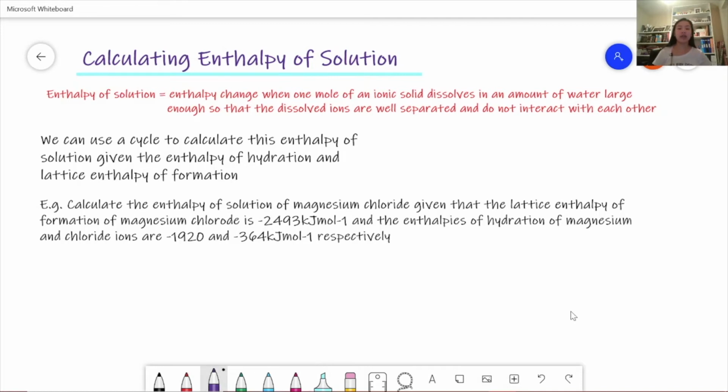So you'd have gas ions at the top, and then you'd have the ionic solid, and then you'd have dissolved ions.